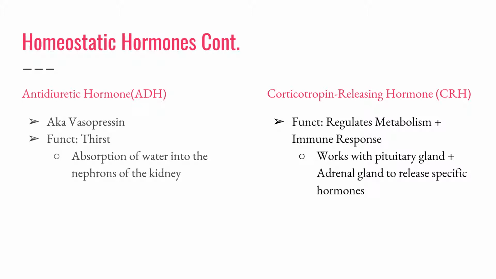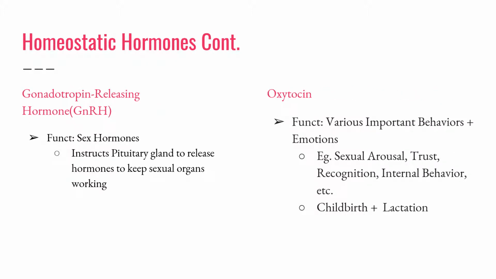CRH regulates your metabolism and immune response, and it works with the pituitary gland and adrenal gland to release specific hormones. GnRH is a growth hormone that functions with other sex hormones and instructs the pituitary to release other hormones to enact different responses.